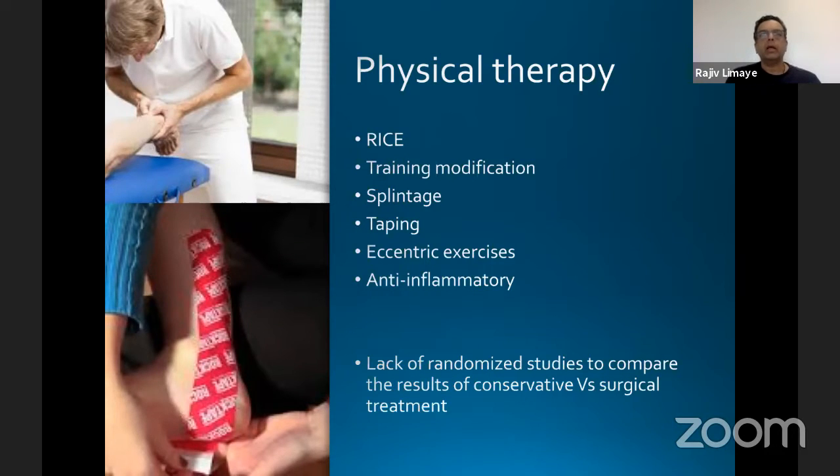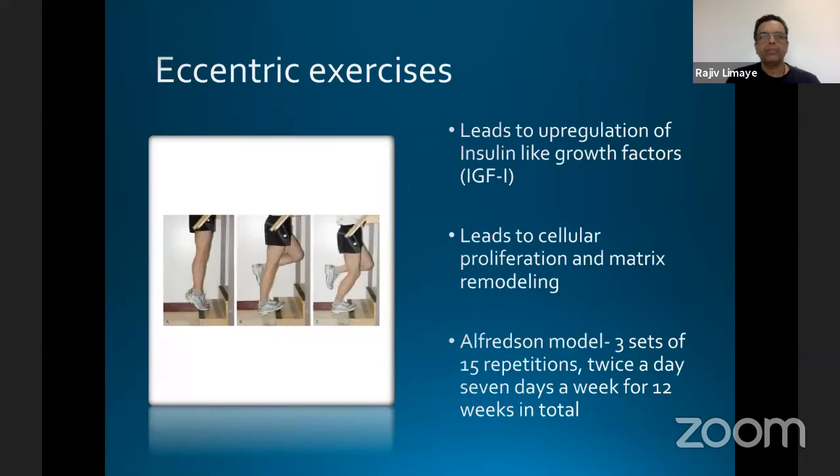Hence, the cutoff limit of 6 months is somewhat arbitrary. The eccentric exercises suggest 3 sets of 15 repetitions twice a day, 7 days a week for 12 weeks in total, and are essential. They lead to upregulation of insulin-like growth factors, and improvement of the cellular proliferation and matrix remodeling.